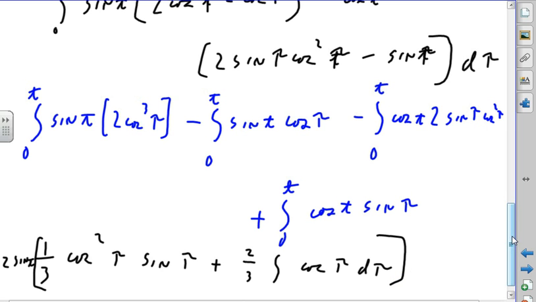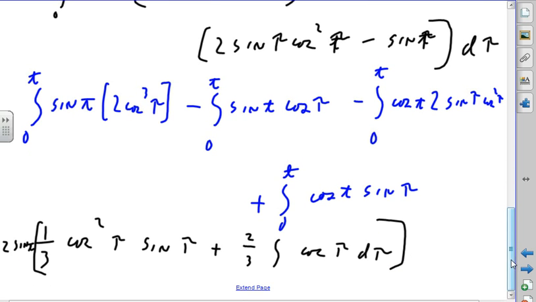All right. Well, that was pretty simple. And now this guy, I can do that integral. That's an easy integral. This okay.